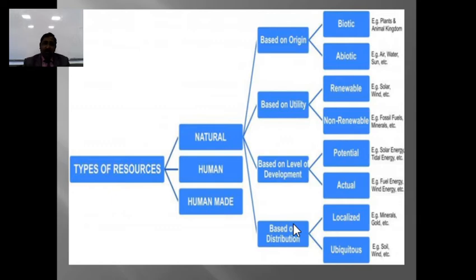But some resources are available at certain areas only. Like we can talk about gold, which is not available everywhere. So that can be put under the category of localized resources.